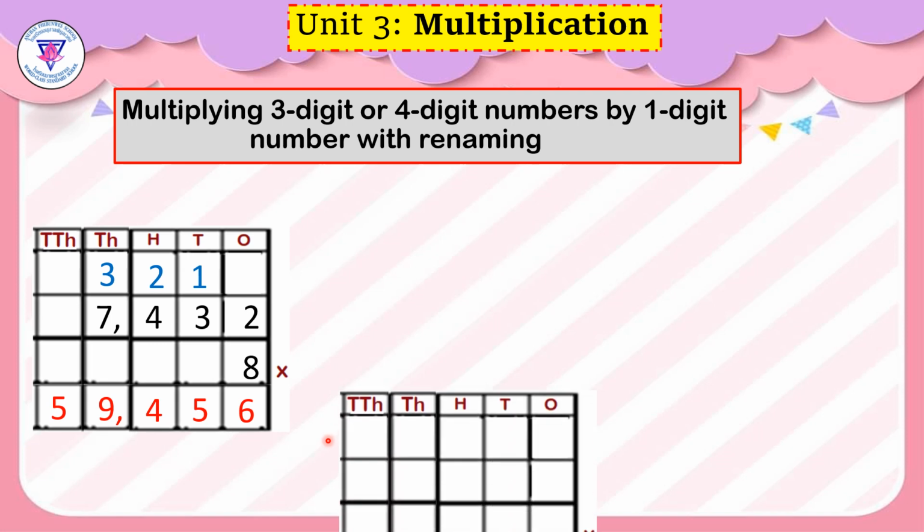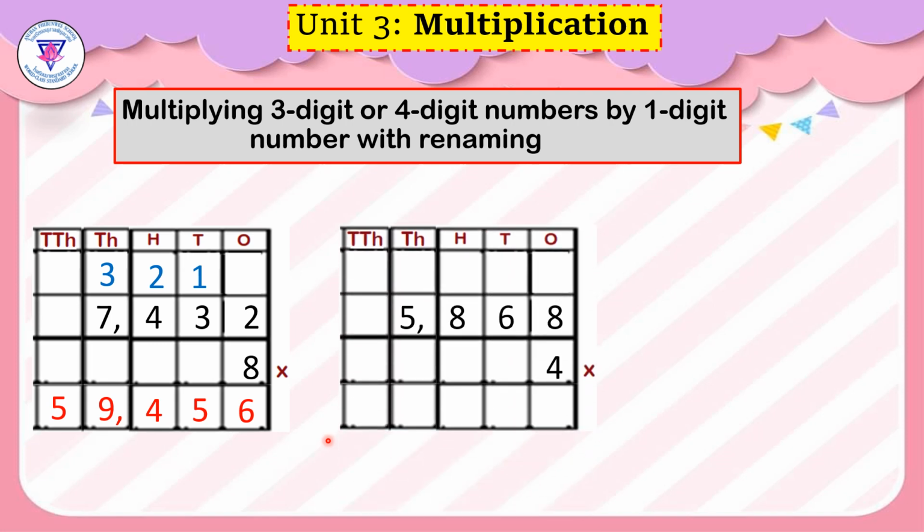So let's have another example. Okay, the given number is 5,868 multiplied by 4. Let's see if this number has renaming. Renaming means you have to carry a number or regroup the number, okay?